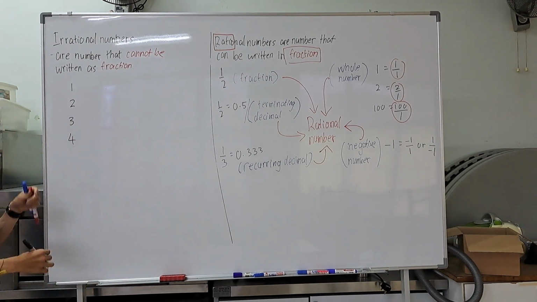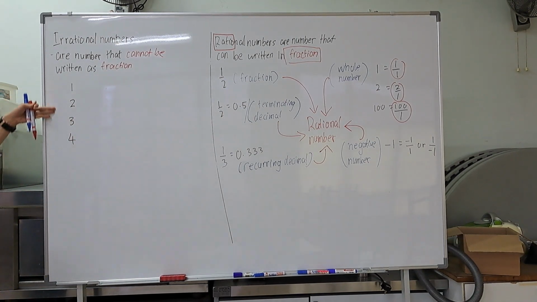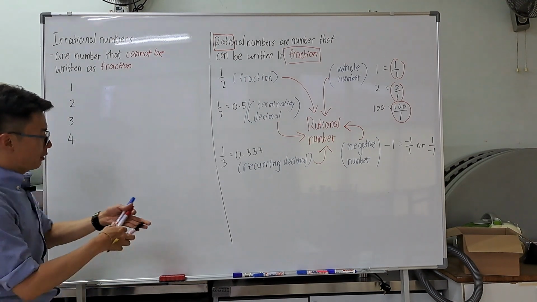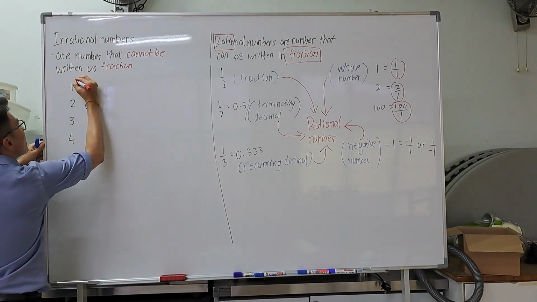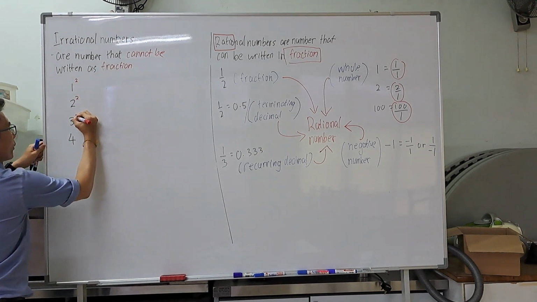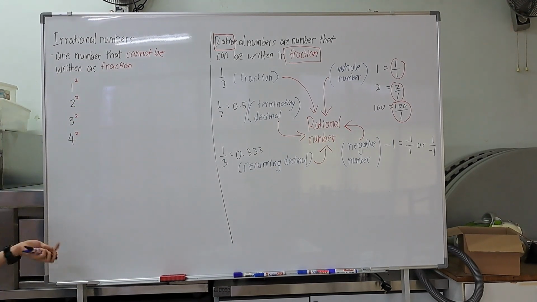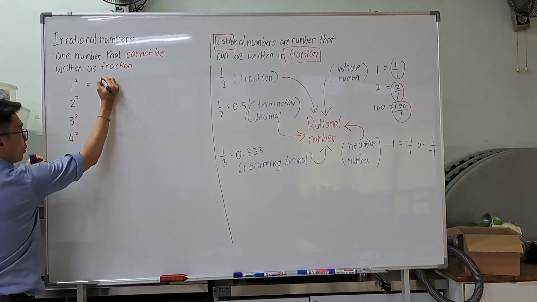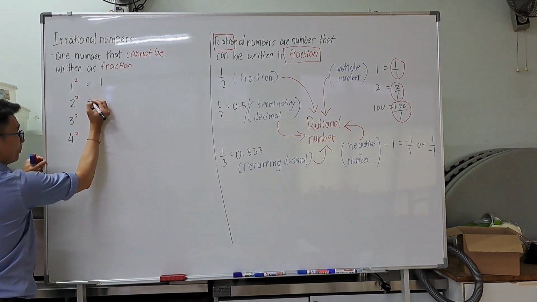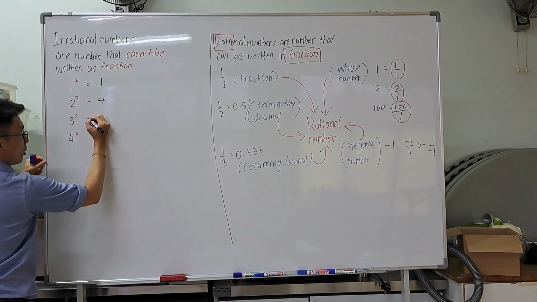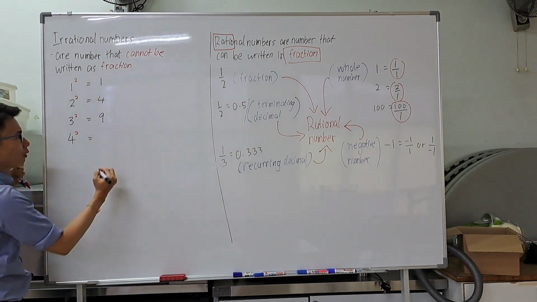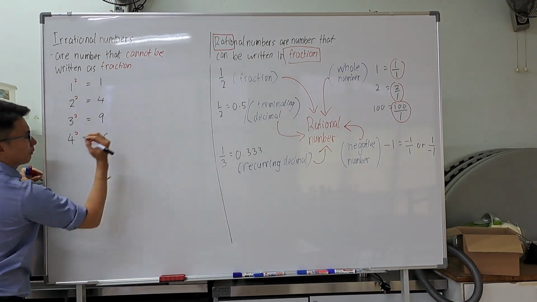If we take our whole numbers and square them, squaring means we power by 2. So what do we get? 1 squared, we get 1. 2 squared, 4. 3 squared, we get 9. And 4 squared, we get 16.